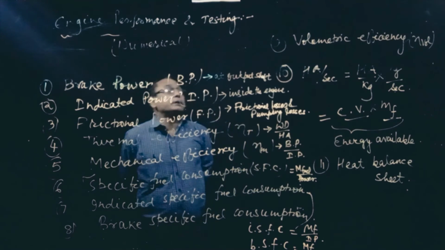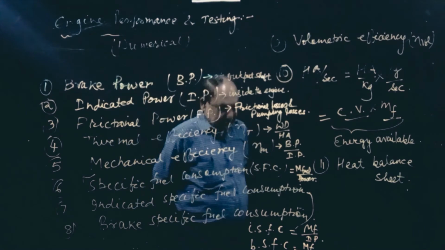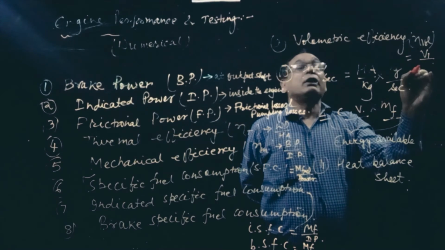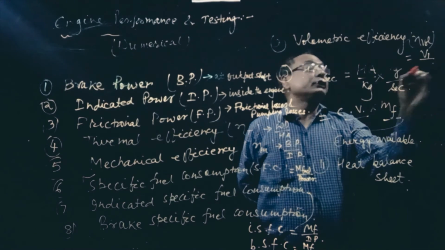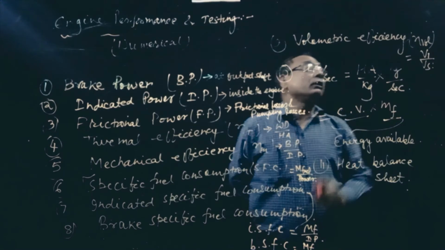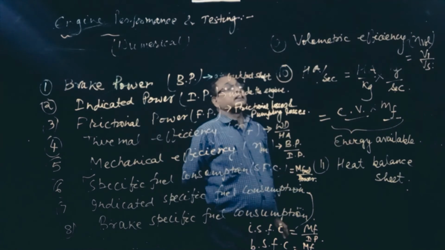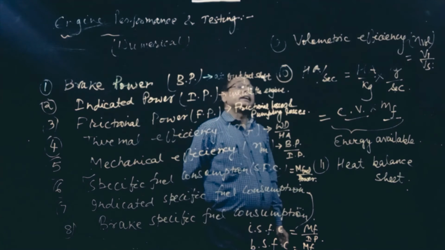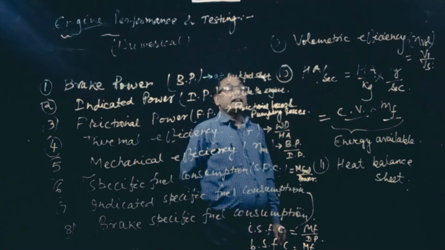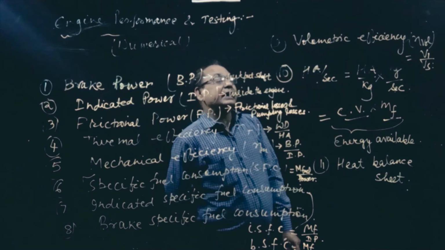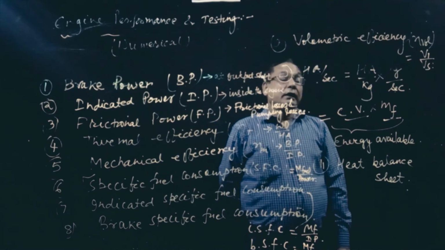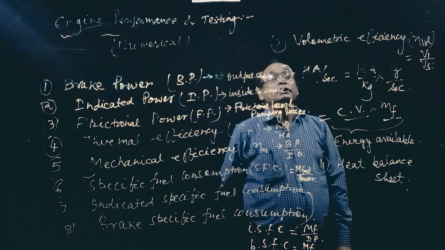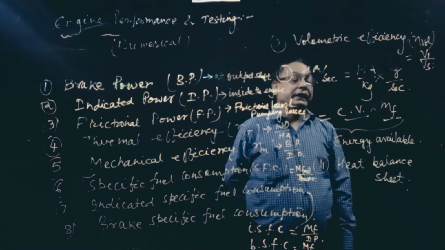Now volumetric efficiency also: actual volume during the suction stroke by stroke volume is volumetric efficiency. Heat added per kg is calorific value into mass of fuel in kg per second, so it is heat added per second.